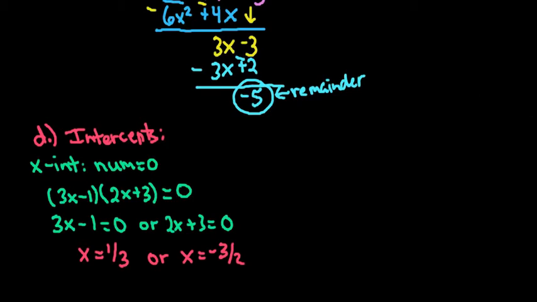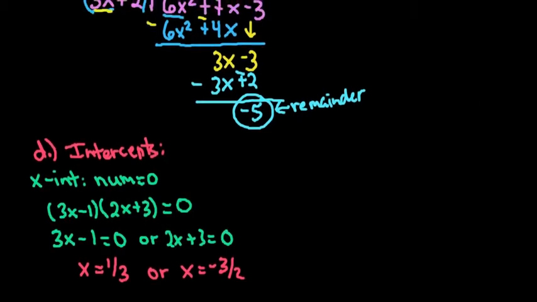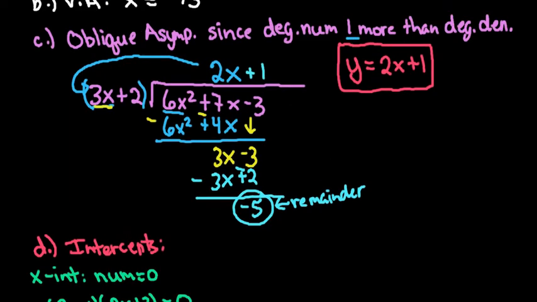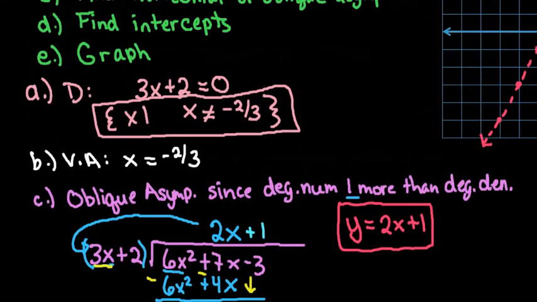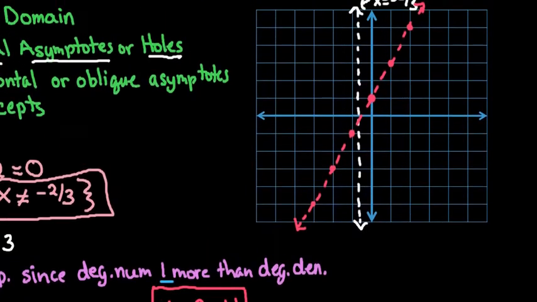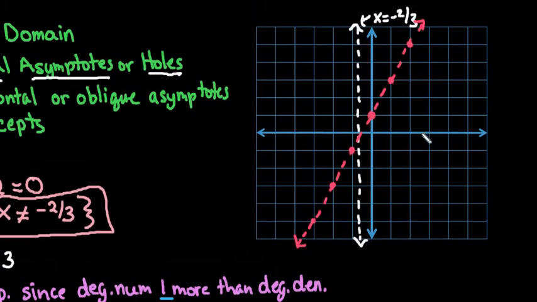So I'm going to put points at those because we know that there are no restrictions. Let me write this in the correct notation: 1/3, comma 0, and -3/2, comma 0. And I'm going to put my x-intercepts on my graph. I definitely need a bigger screen to make this easier when the problems get more complicated.